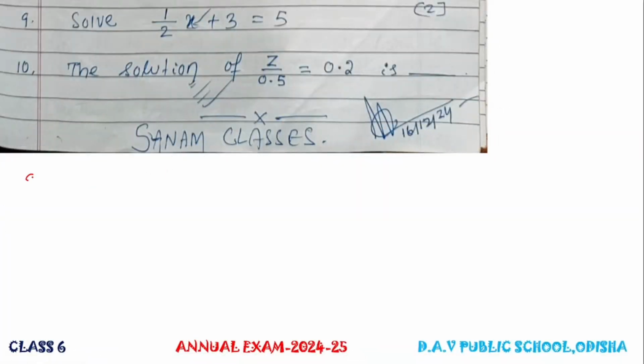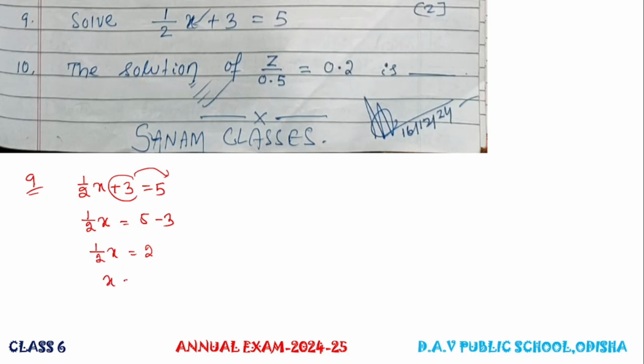Solve question number 9. 1 by 2x plus 3 equal to 5. So we can write 1 by 2x equal to, here it will be negative, that is 5 minus 3. Now 1 by 2x equal to 2, because 5 minus 3 is 2.